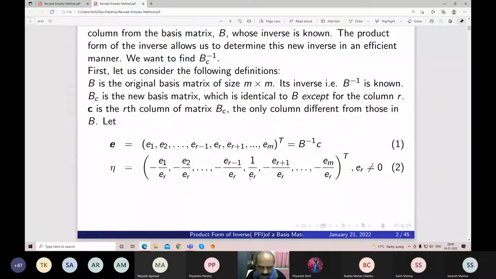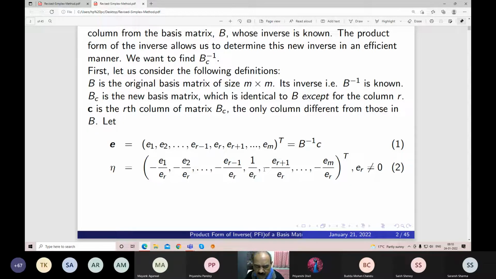And since we are considering the rth column, if you multiply B inverse with C, in the column vector the rth element is Er. So the rth element of eta becomes 1 over Er, with no minus sign here.